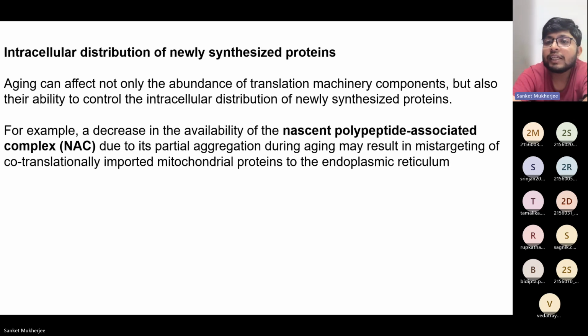Aging does not only affect the translation machinery, but also the ability to control where the protein needs to go. Again, an example is given. It could be a decrease in availability of nascent polypeptide associated complex due to partial aggregation during aging, and it may result in mistargeting of co-translationally synthesized proteins.